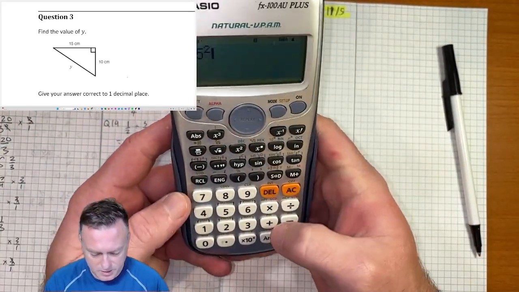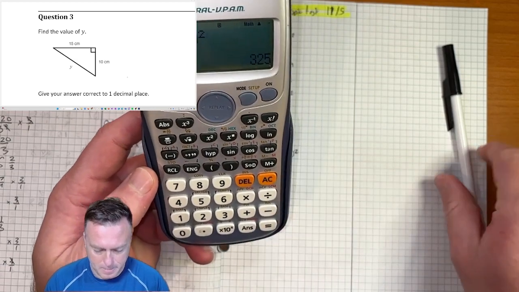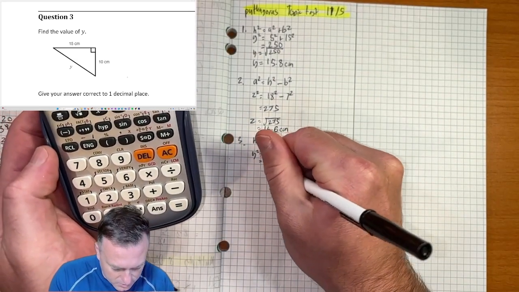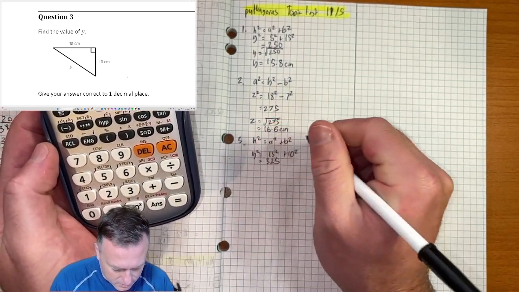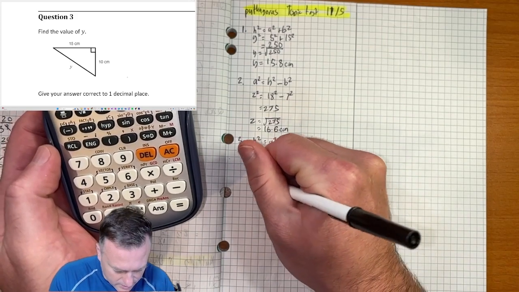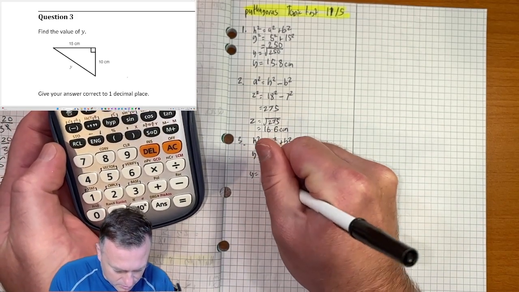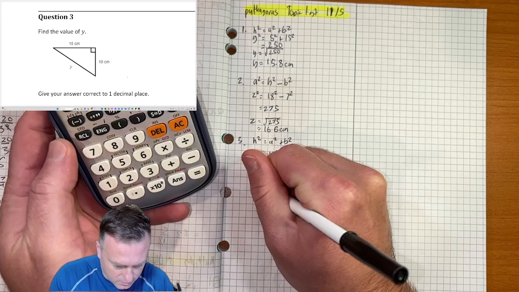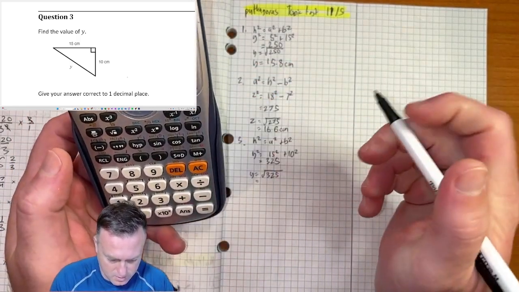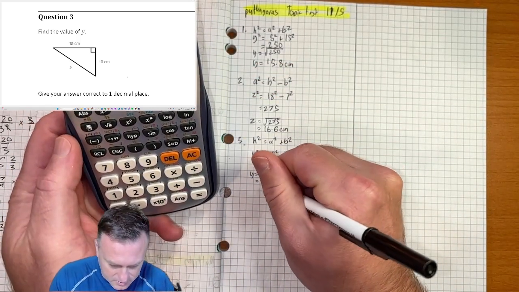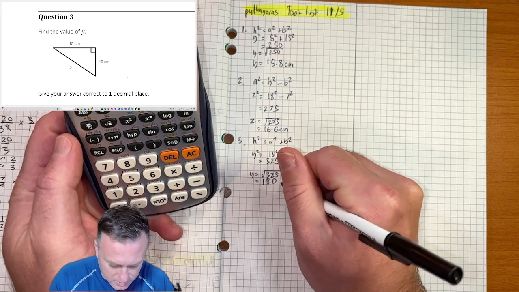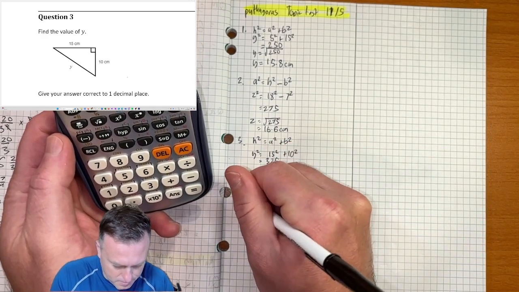So we go 15 squared plus 10 squared. You get 325. So then y is equal to the square root of 325, and one decimal place, so then it's 18.0 centimeters.